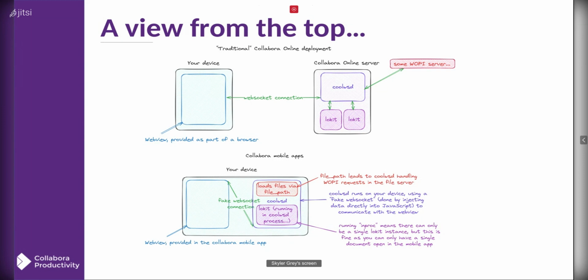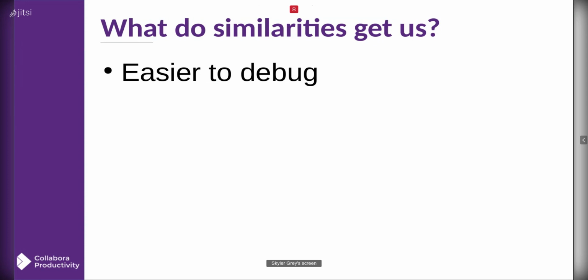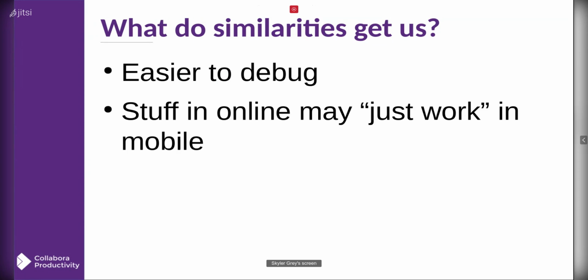And this is quite handy actually, because it means that it's quite easy to debug this quite often, because you might get a bug that happens in mobile, but actually it also happens in a browser on mobile, which means that you can use your normal Collabora Online setup and you can debug it exactly how you would normally do. And stuff in online might just work in mobile. So if we add a new feature, there's a fair chance that if it works in the browser, the mobile apps get that for free.